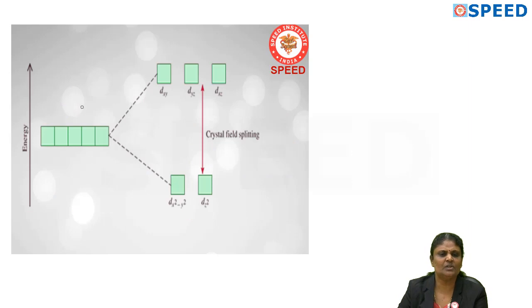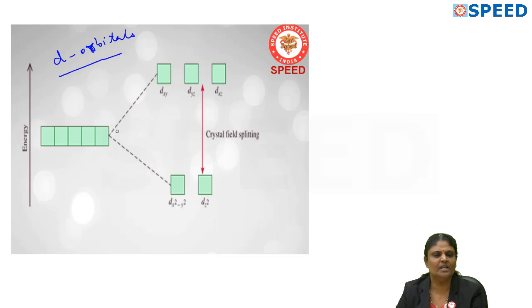For example, take the d orbitals. Here d-d transition and color formation occur due to this. The d orbitals are split into two types: of the 5 orbitals, 3 are in the lower energy level and 2 are in the higher energy level.